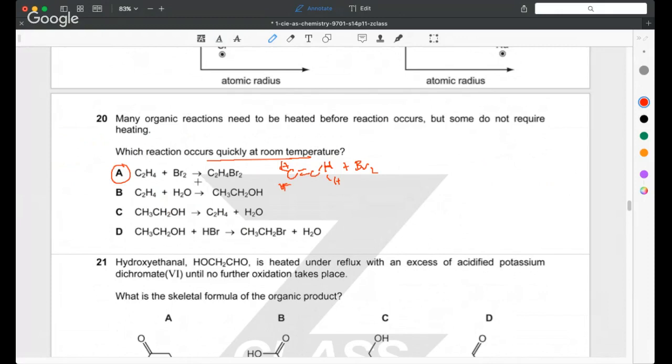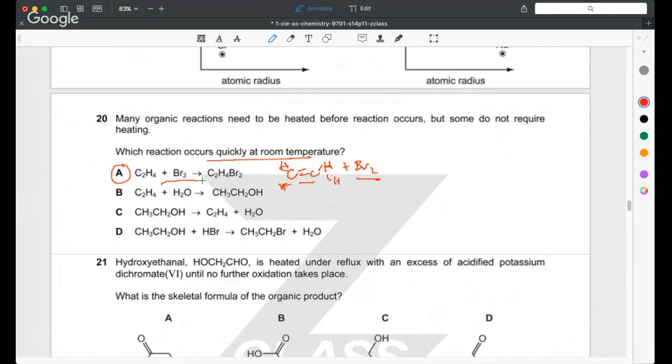But I think the thing they're looking at here is that you should know that a quick test for a carbon-carbon double bond is to add bromine water. You just do that at room temperature, and instantly the carbon-carbon double bond reacts with the bromine in the bromine water. So the test for unsaturation is bromine water decolorizing.